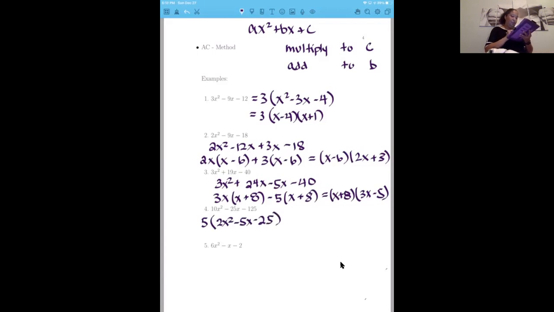So my A is 2, my C is 25. So I get a 50. And I believe I need two numbers to add to be negative 5 and multiply to be 50. So 10 and 5. And I need the 10 to be negative, so 2x squared minus 10x plus 5x minus 25.